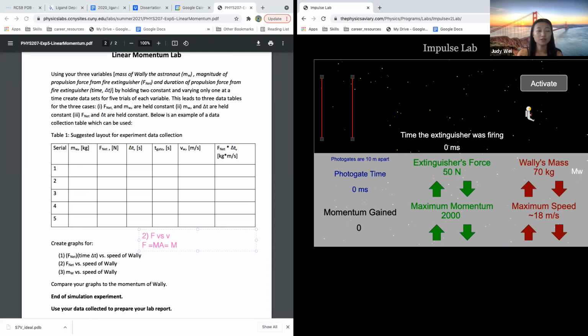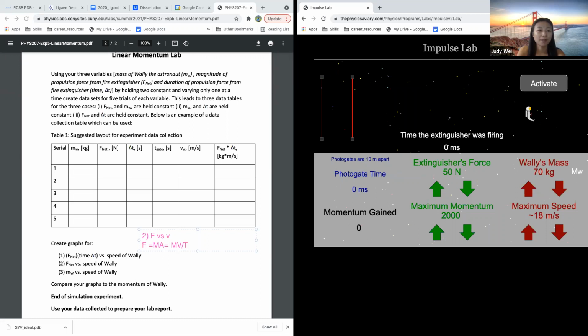You have a constant, when we are constantly changing F, so maybe it's not a linear graph, you just plot it, because this is going to be mv over t.